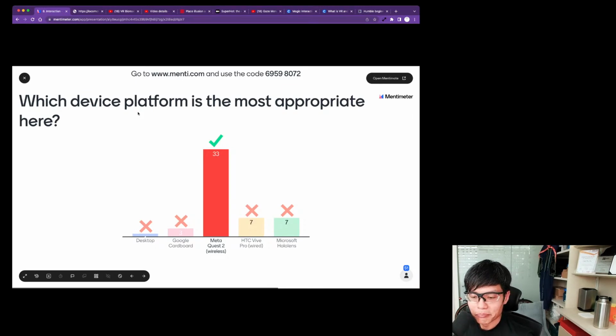Since it is training for aircraft engineers, for maintenance, working around a virtual aircraft, viewpoint control is a given that we need. The next thing is hand gestures. Since it is a maintenance job, obviously we want as many natural hand gestures as possible.